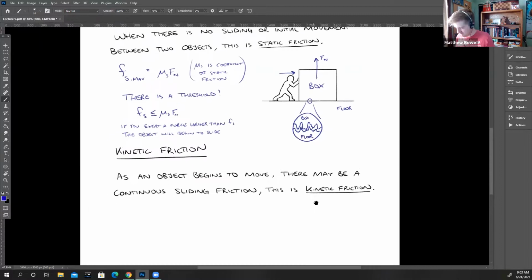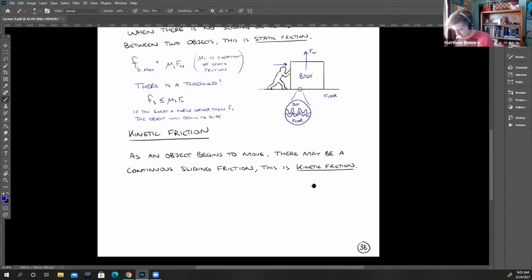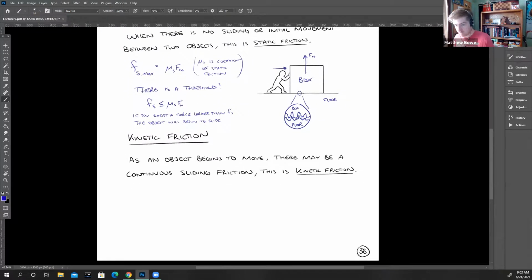So let's do the same type of picture example with someone pushing a box, but this time it's moving. We have a box. This person's applying a force, but now the box is sliding. And I'll say constant velocity.